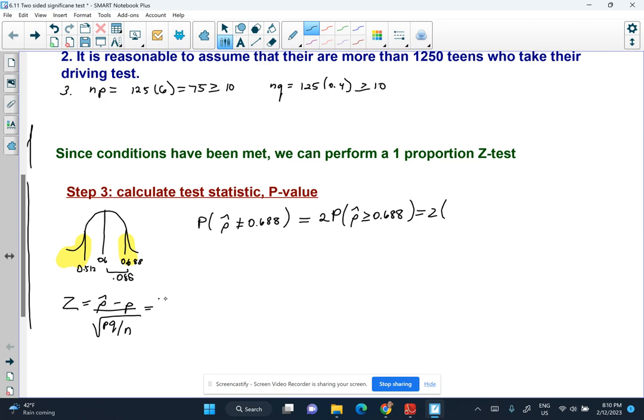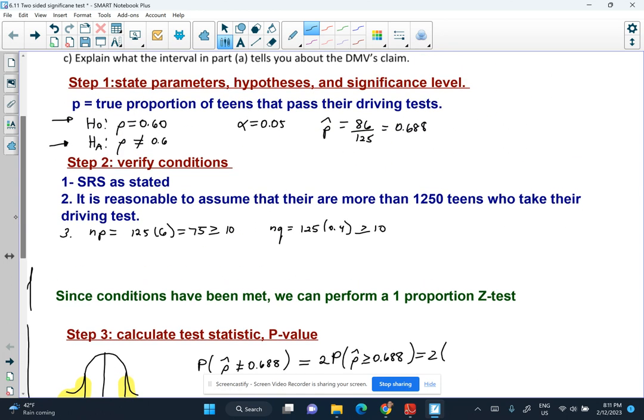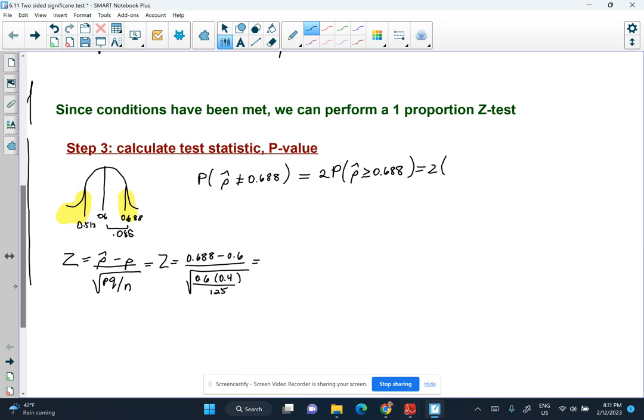We're going to substitute into the formula. So it's 0.688 minus 0.6 over the square root of 0.6 times 0.4 over 125. And at this point, I would do the rest of the arithmetic with the calculator.